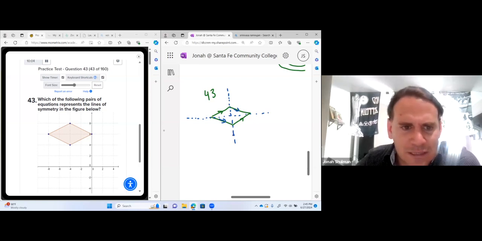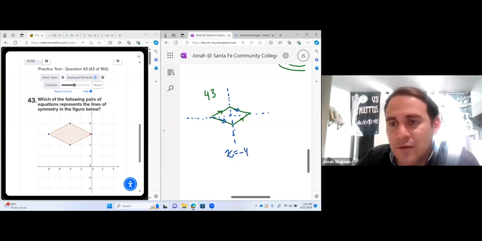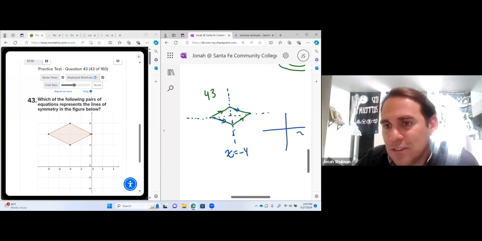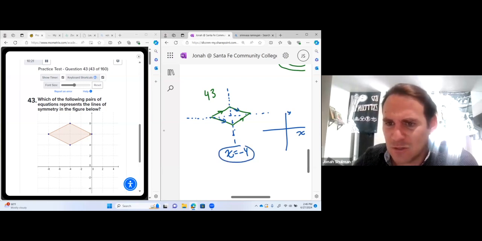Every point on this line is going to be equal to x equals -4. Now, you might get confused because that's your x-axis and that's your y-axis, right? But look, the x, I go across, and the y goes up and down. But then how is this x equals -4?